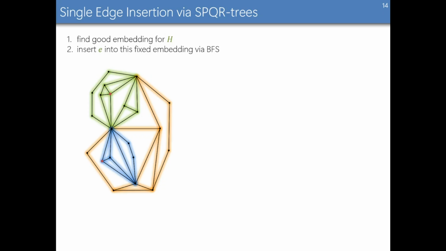And the orange thing, well, there's not much I can do about the orange thing. When I now think about inserting the red edge, I may also see that these pieces here are fixed, but as in the picture before, I'm able to flip this light reddish thing, and I'm able to flip this thing just on two different sides.